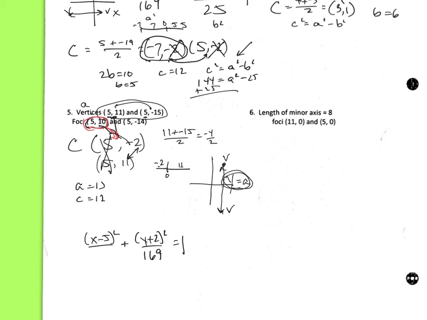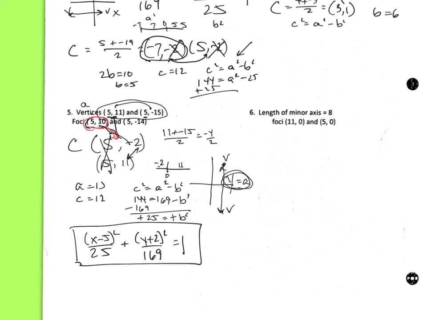Now that doesn't go in the equation, but we know that c squared equals a squared minus b squared. So 144 is equal to 169 minus b squared. Now when you subtract 169, we get a negative, but that's okay because this side is also a negative. So they can easily turn into a positive. And this is what we're looking for. Just took us a minute to get there.